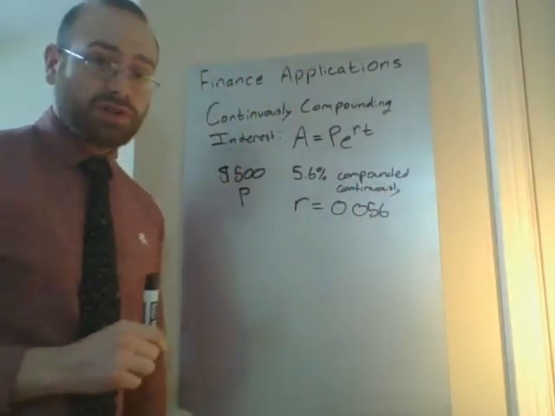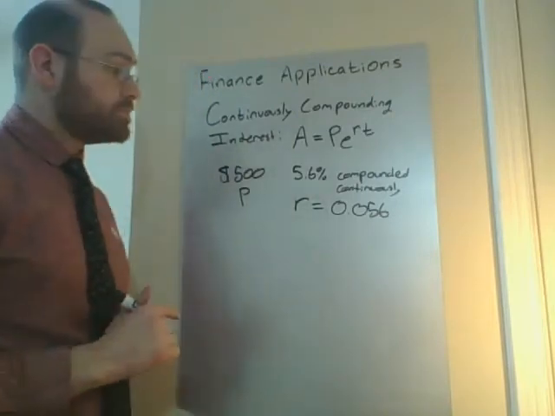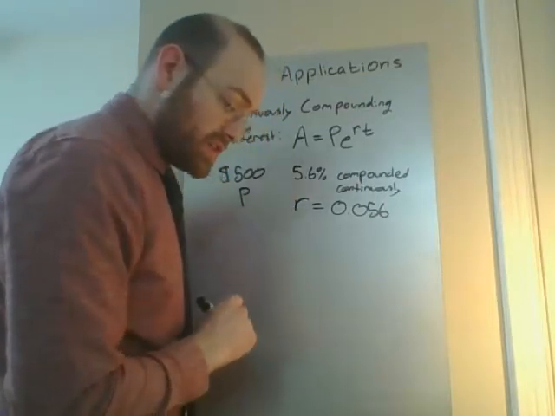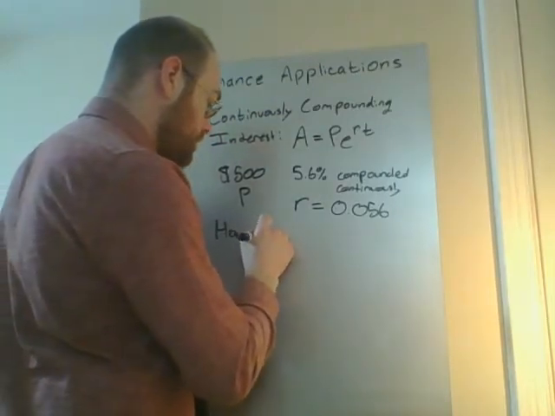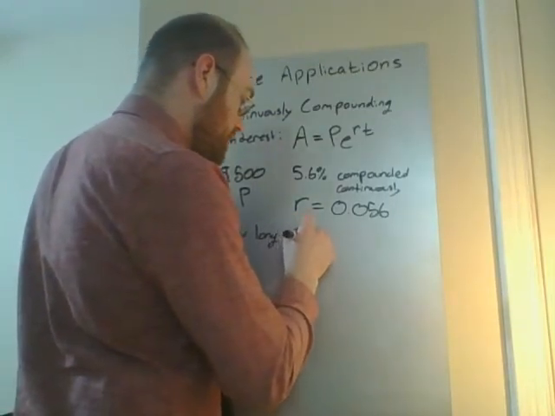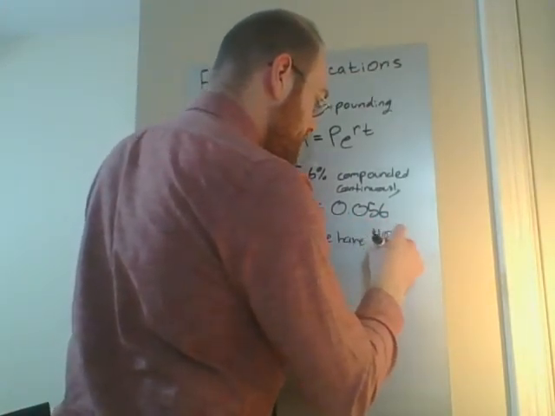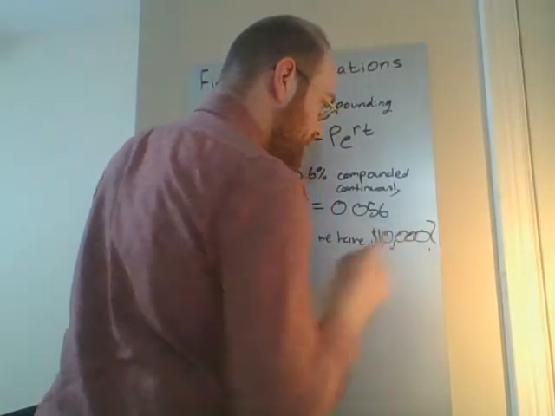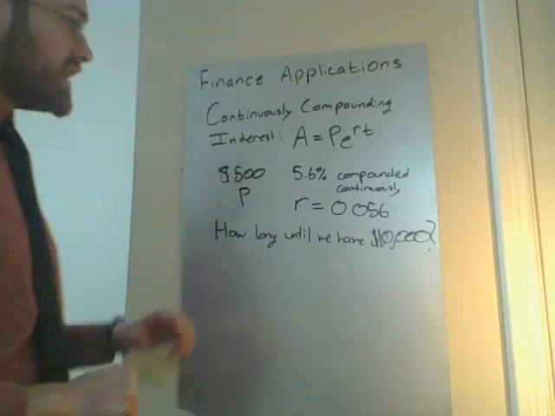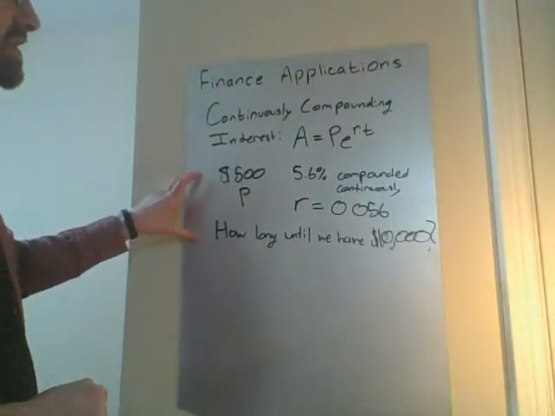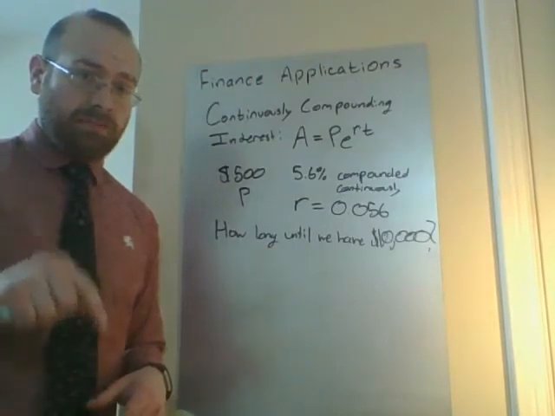We always need to convert it to a decimal or we will get seriously wrong numbers. Lastly, the question is how long until we have $10,000? Now I have a feeling I'm going to need some more space than this. So again, if you need a moment to write this down, hit that pause button.